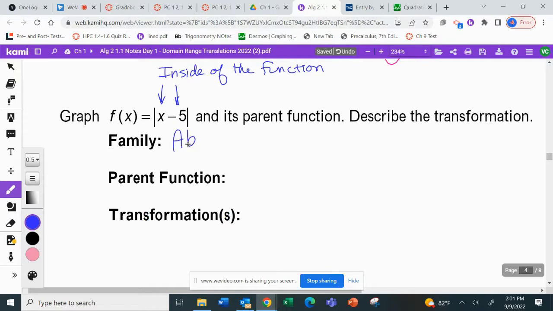This is absolute value. And the parent function is f of x equals absolute value of x. So when I'm talking about inside the function, for this particular one, I mean inside of the absolute value bars. That's going to put it inside of the function. All the stuff we did on that TARP was outside of the absolute value bars. So anytime we have something inside of the absolute value bars, or whatever function it is, this is going to be a horizontal.